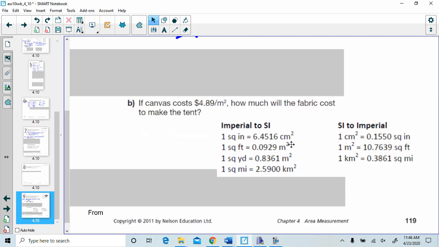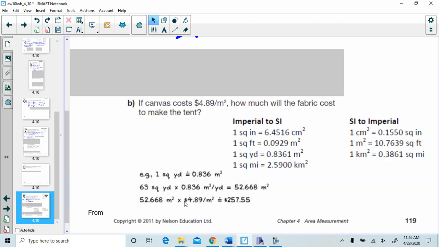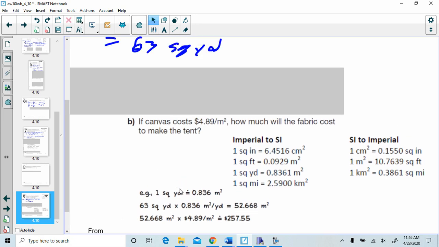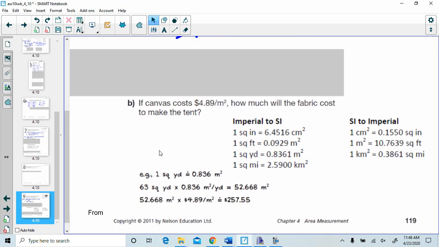Okay, so to do that, I'll just move this out of the way and we'll finish this up real quick. We're going to recognize that sometimes our decimal places are a little different, a little more exact for one than the other, so just be aware of the differences. In this case, we take our previous number of 63 yards, which we had worked out up here. That's the canvas needed to cover or make the tent, multiplied by our conversion factor.